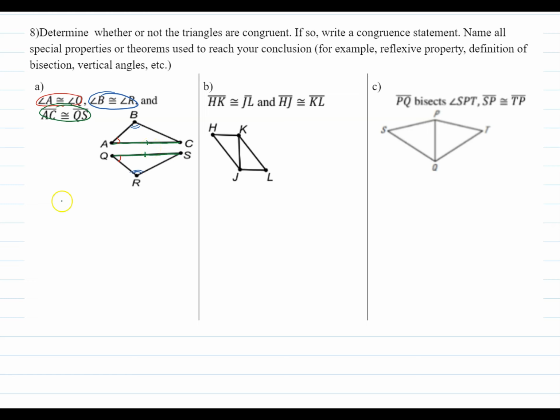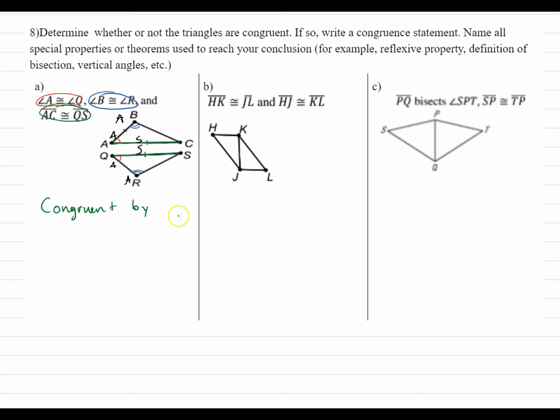So these triangles are congruent by a certain congruent condition. We have an angle. Those two angles match, these two angles match, and these two sides match. This is angle, angle, side. The side is not included between the two angles.